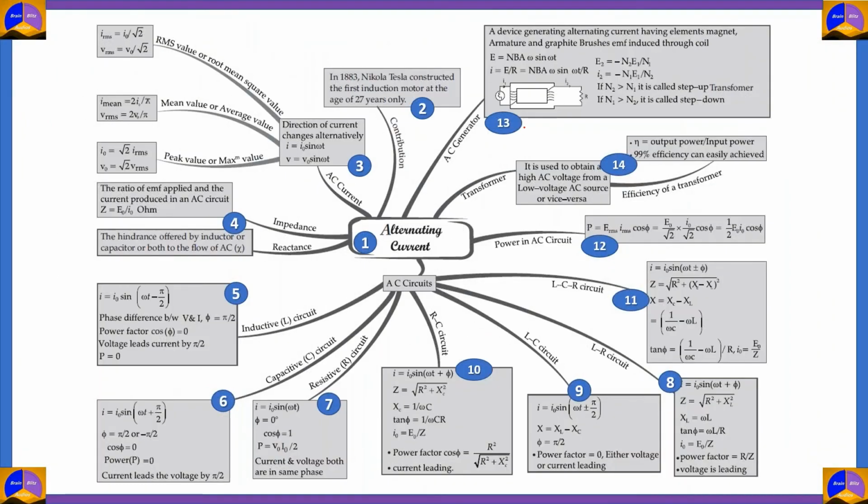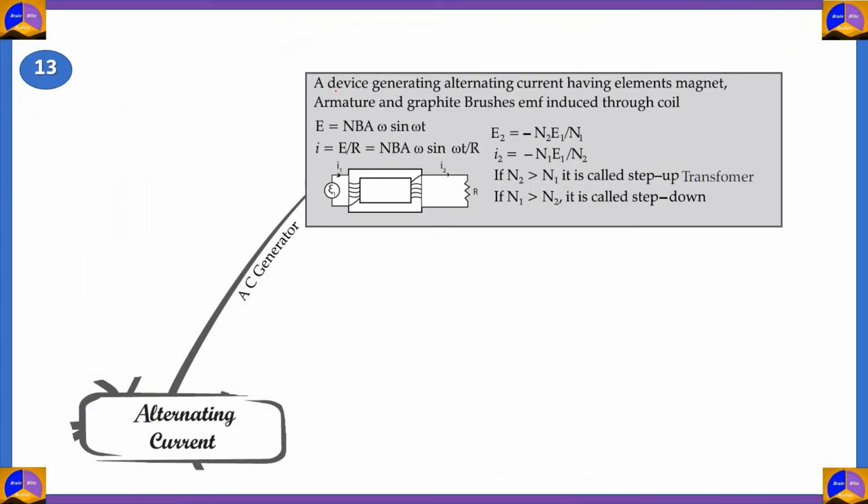So now let's look at an AC generator. An AC generator is a device which generates alternating current. It uses the principle of electromagnetic induction. This principle is used in creating current, and in an AC generator, specifically alternating current.